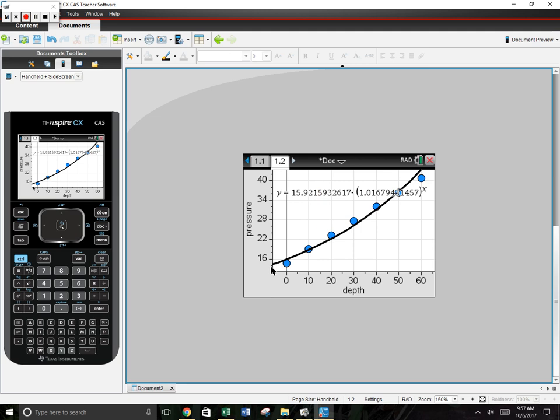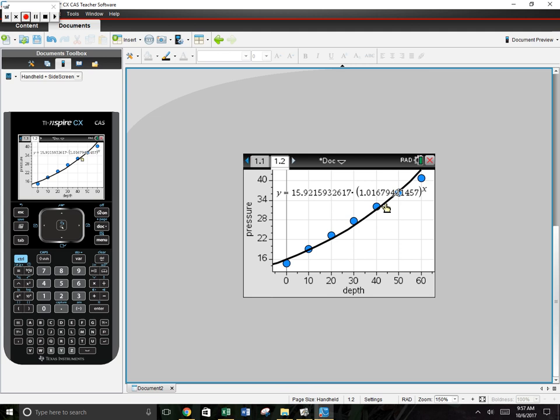An exponential is going to curve, it's going to change every single time. Linear is constant, so every depth change is going to be a constant rate of change. The exponential is going to speed up the deeper you go. Maybe let's just round that to 4 decimal places.